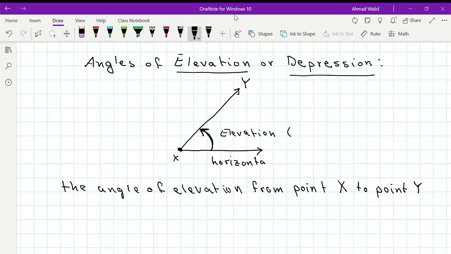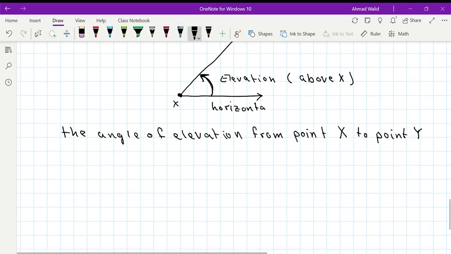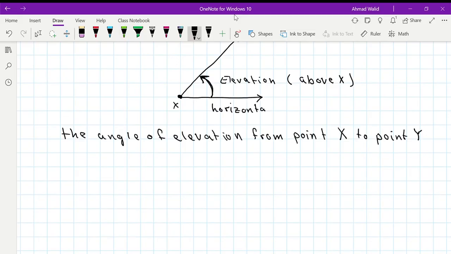Your angle is above the X. Above X to point Y means above X, right? I'll even write it here: above X is the acute angle.